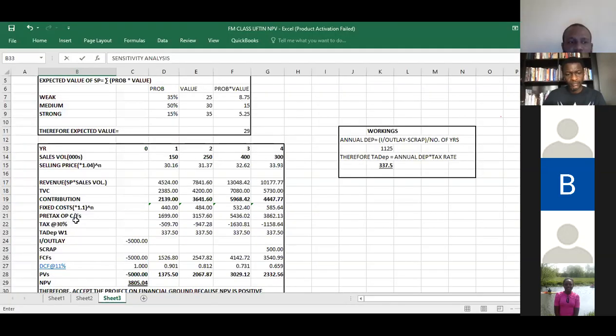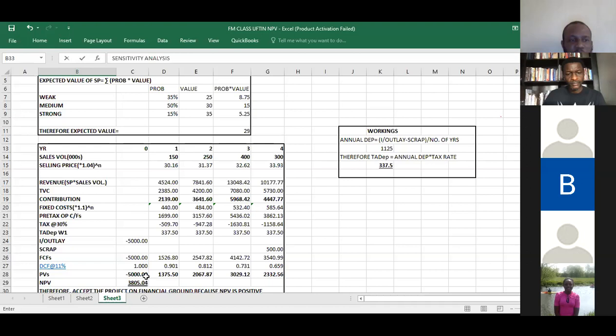Our cash flows are now the summation of everything from our pre-tax operating cash flows, right? Okay, and then we get our NPV as positive, and so we can accept based on that.